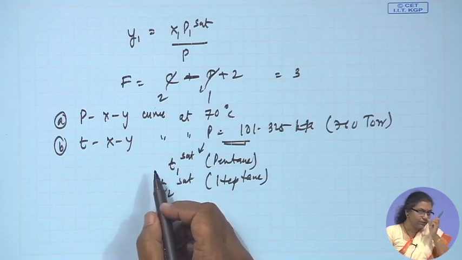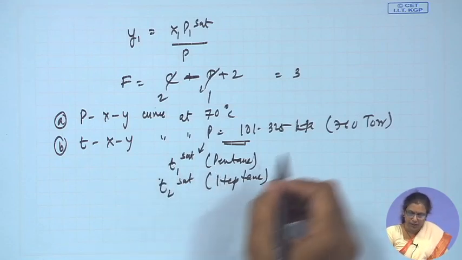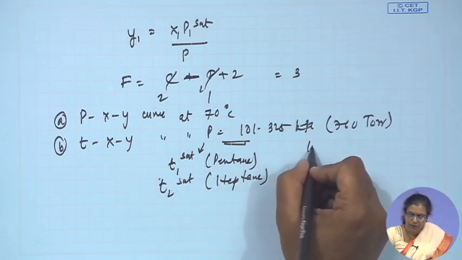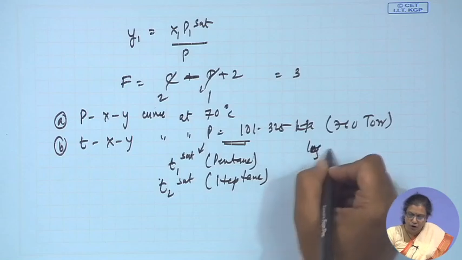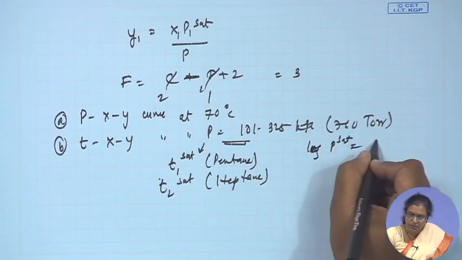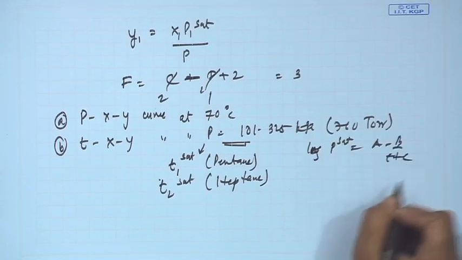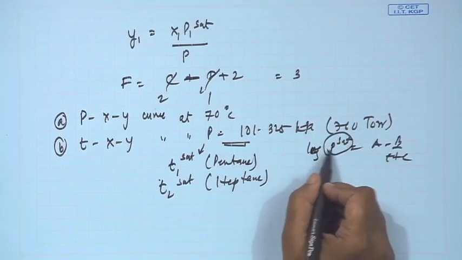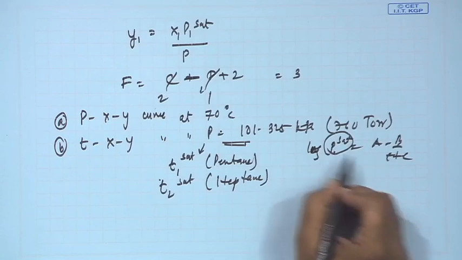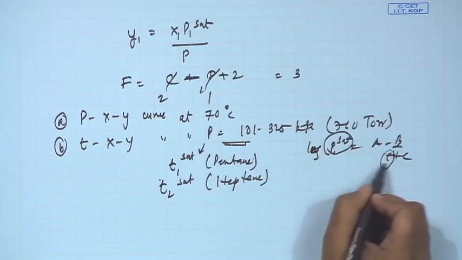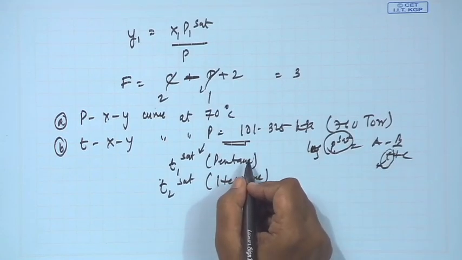Same Antoine's equation. In the Antoine's equation, log P saturated equals A minus B by T plus C. I have already written it. You know this, because this is the total pressure. At this pressure, you would like to find the boiling point, so you can very easily find this out.